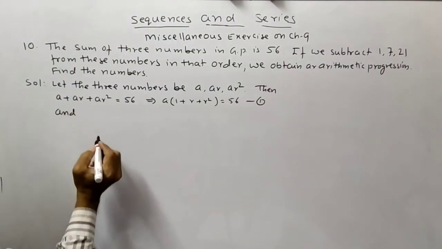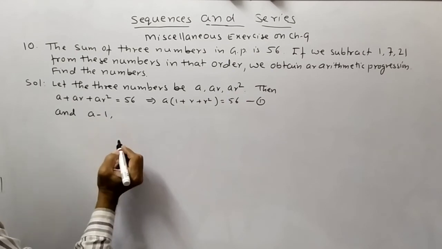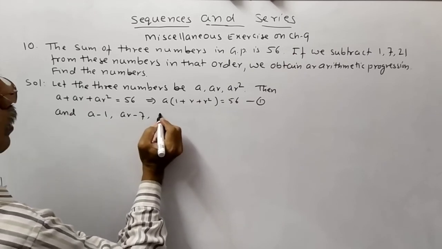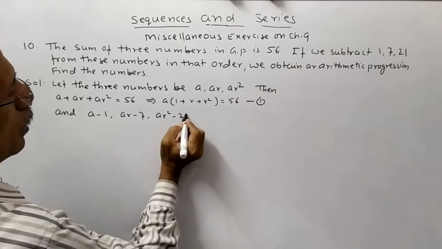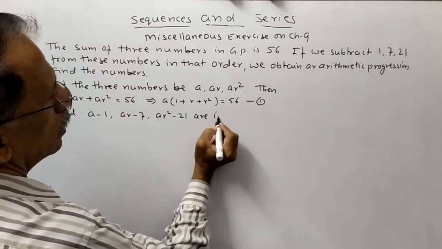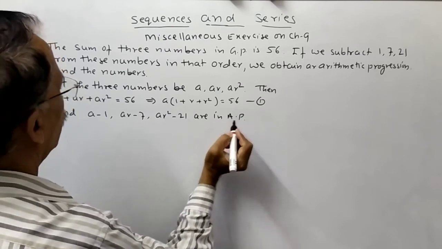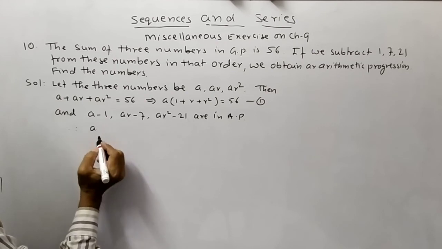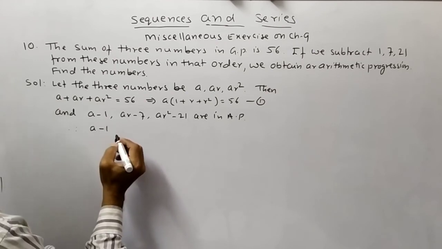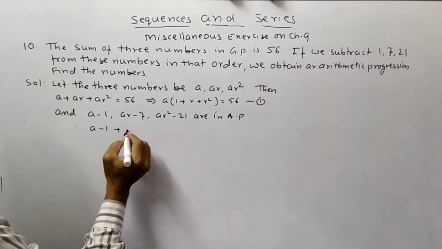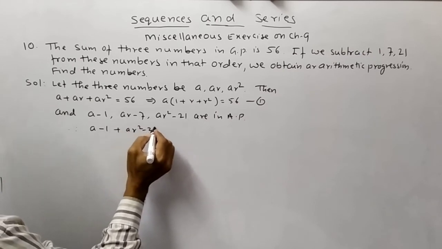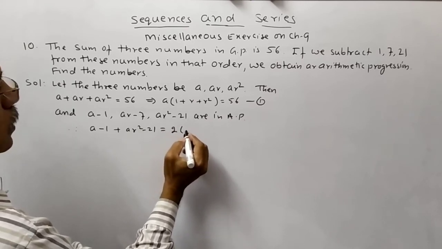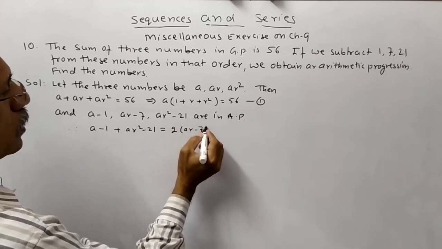And a minus 1, ar minus 7, ar square minus 21 are in AP. Therefore, sum of extremes, that is a minus 1 plus ar square minus 21, is equal to 2 times of middle term, that is ar minus 7.